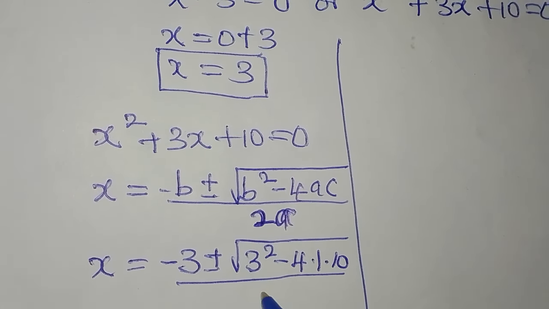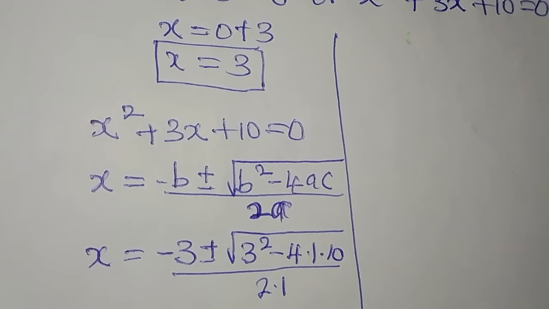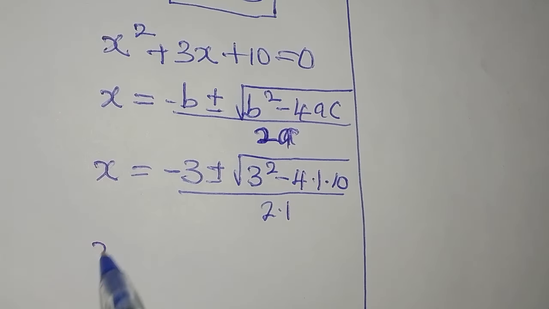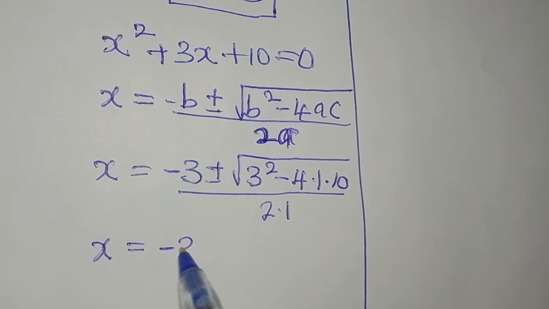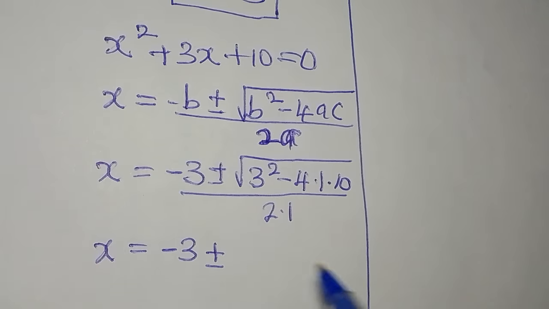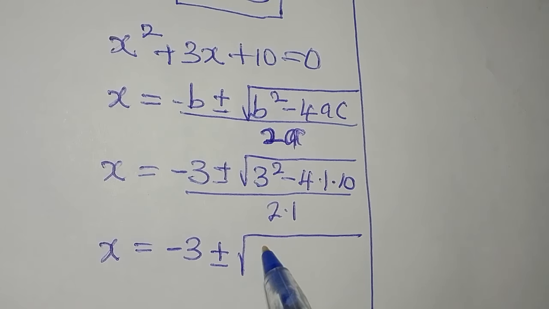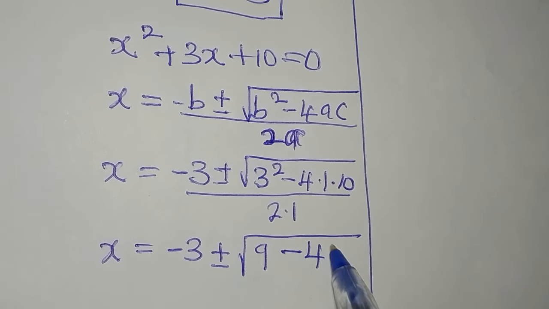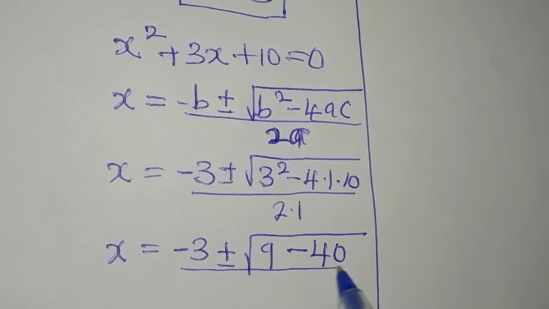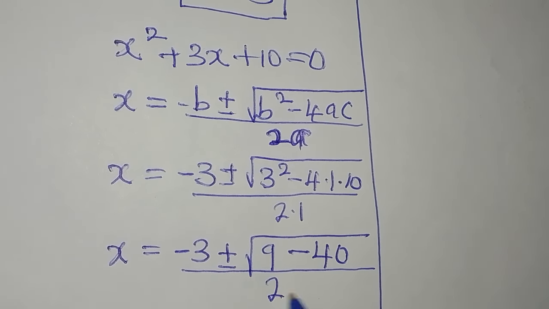All of this is over 2 times 1. Now x is equal to minus 3 plus or minus square root of 9 minus 40, and this is over 2 times 1, which is 2.